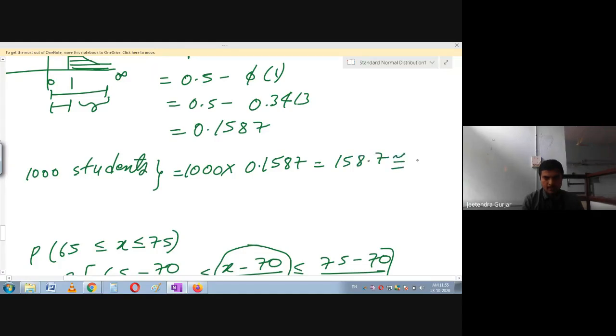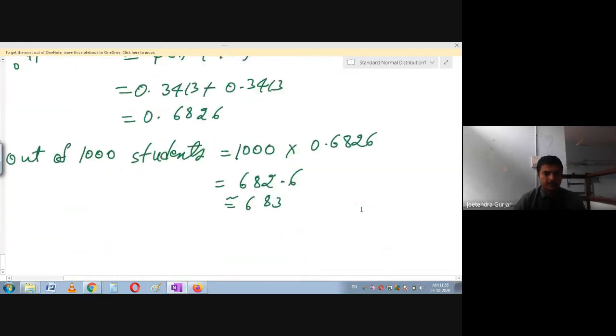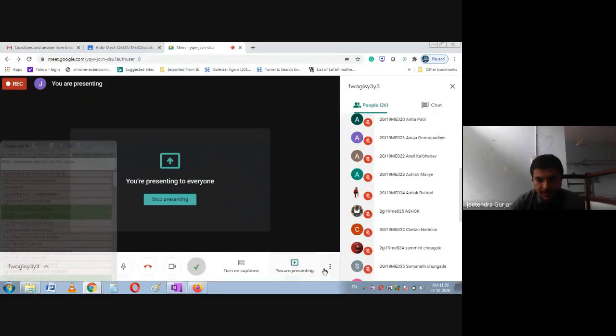That implies for 1000 students we get the probability, that is normal distribution. If you round figure this, you are going to get just 159. Okay, round figure you can see. Similarly, this is out of 1000 students, 1000 into 0.6826, students. Okay, yes, this is how we are going to calculate mean variance.